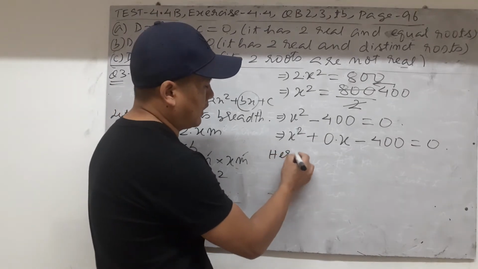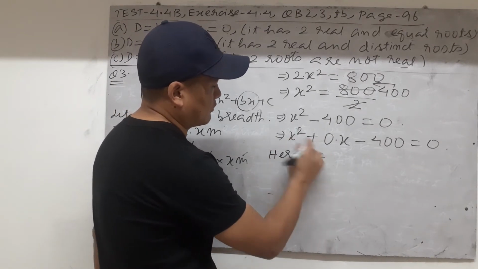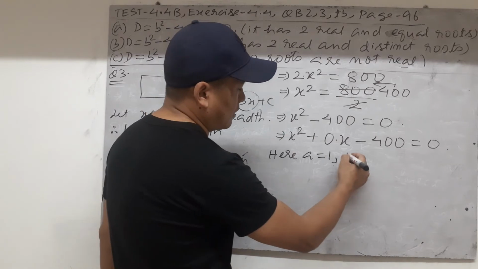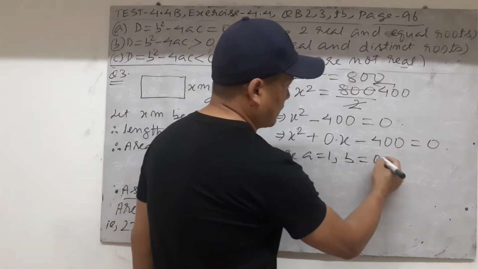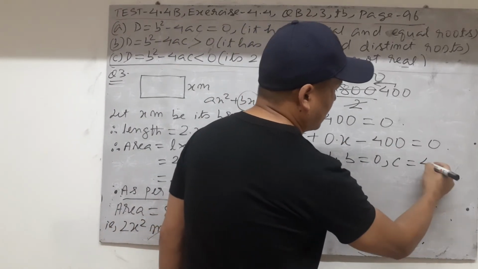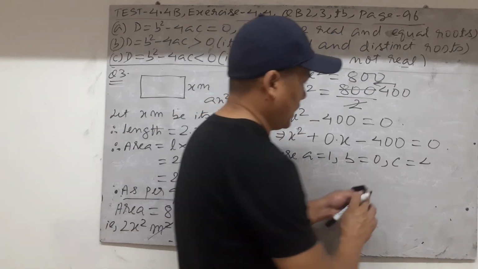That way we have our x square term, so the coefficient of x square, which is no number, means plus 1. B is the coefficient of x, which is 0, and c is the third term, which is minus 400.